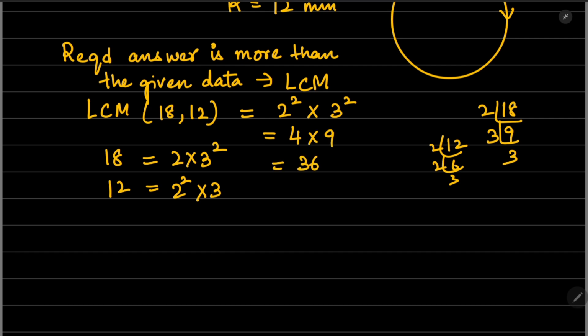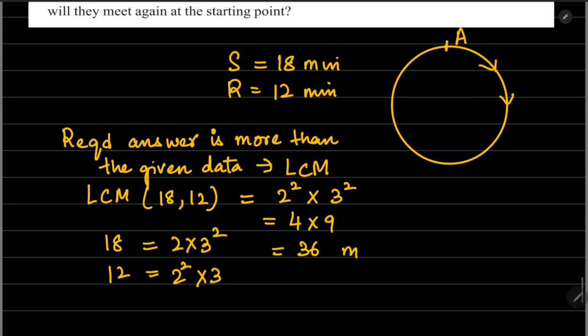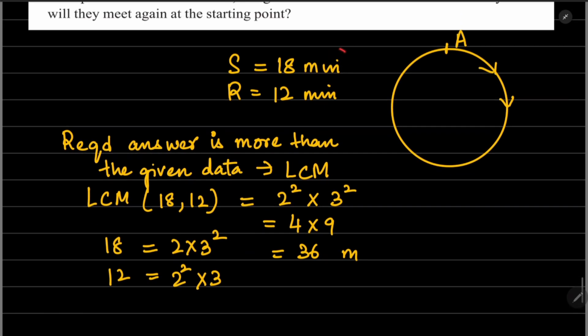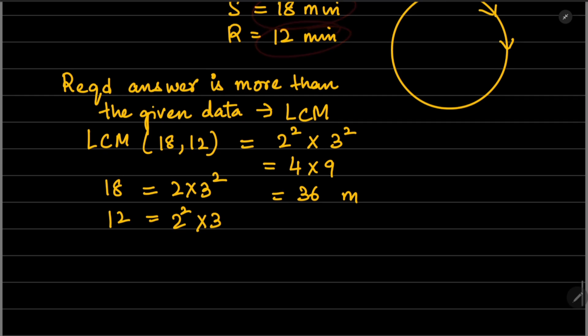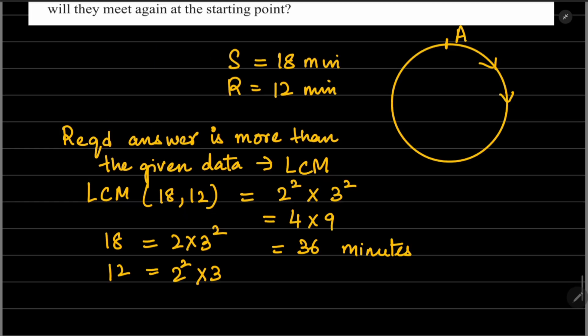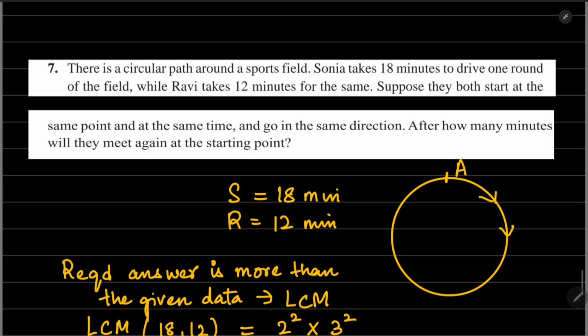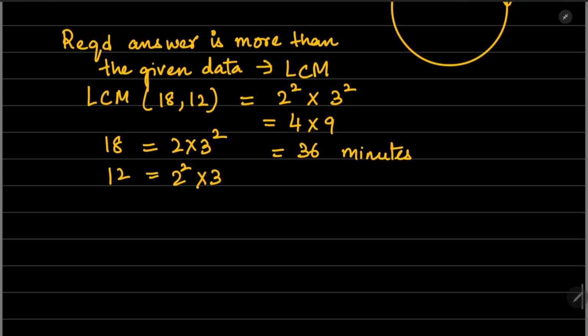You have to be very careful about the unit. 12 and 18 were in minutes, right? So here also you will have 36 minutes. So after 36 minutes, they will meet again. After how many minutes will they meet again?